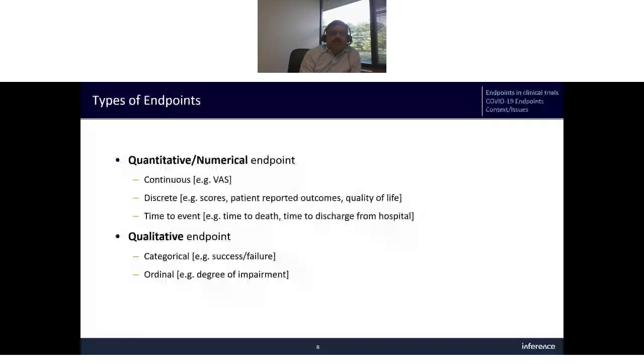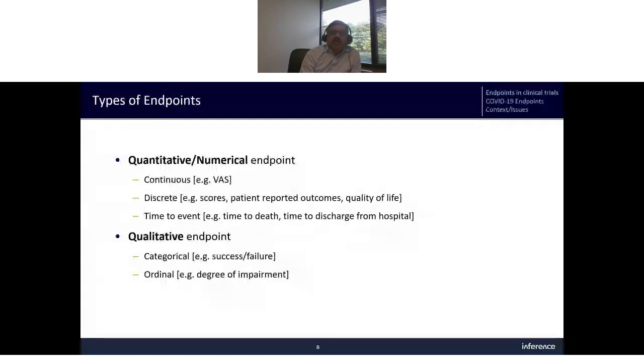The other way, especially for us statisticians, is to look at endpoints as whether they are quantitative, numerical, or qualitative, because that's what the design of the study, how big the study should be, how you'd analyze the data, etc., would depend on. For a numerical endpoint, obviously it could be continuous or discrete. Some of the examples would be the visual analog scale.